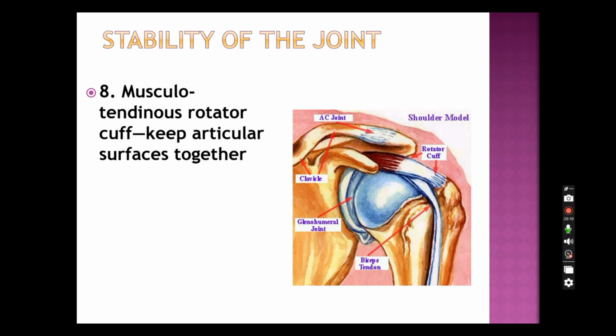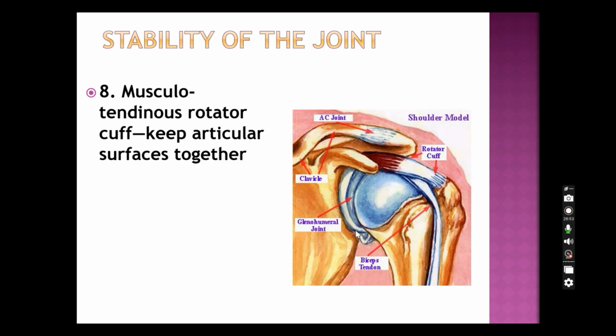Musculotendinous cuff, otherwise called the rotator cuff, which is a joint effort by the four muscles arising from the scapula and inserting into either the greater or lesser tubercles. Naturally, when they contract, they pull the humerus to the maximum extent towards the scapula. So what are these muscles? Supraspinatus, infraspinatus, teres minor, and subscapularis.